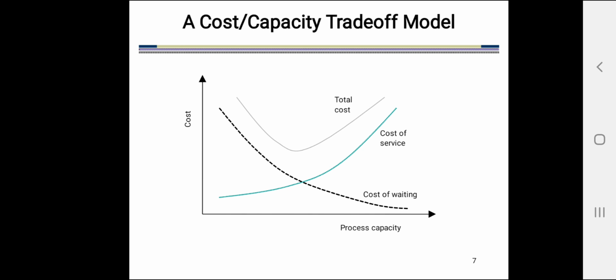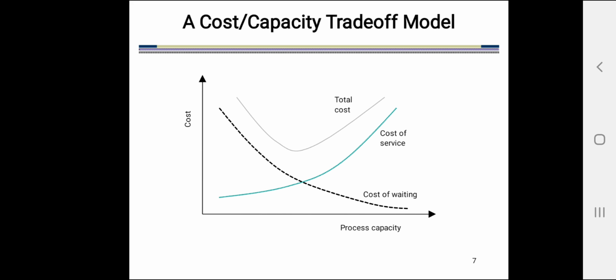See here, the dotted black line shows you the cost of waiting. Initially, if the service facility is limited, the cost of waiting is high. When service facility increases, the cost of waiting reduces. But at the same time, when service facilities are added, the cost of service increases.